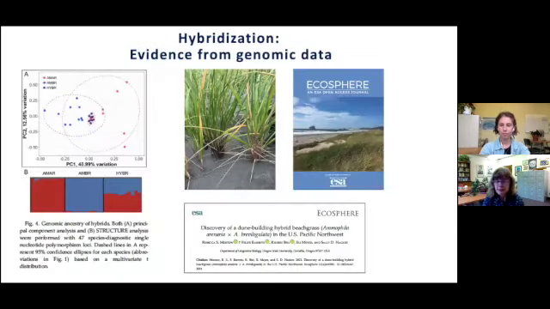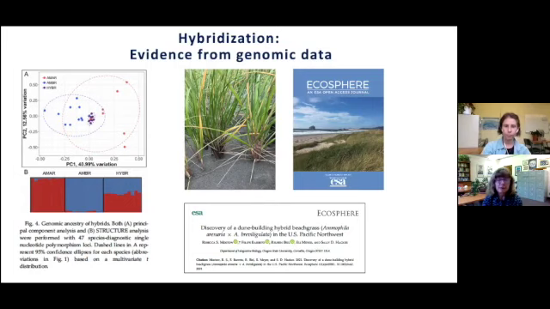And we also, as I mentioned, did some genetic work. So this is work that Rebecca did. She sequenced the 3 grass species, so the Ammophila arenaria, Ammophila breviligulata, and the hybrid. And she looked at whether or not the hybrid actually shared chromosomes from both species.